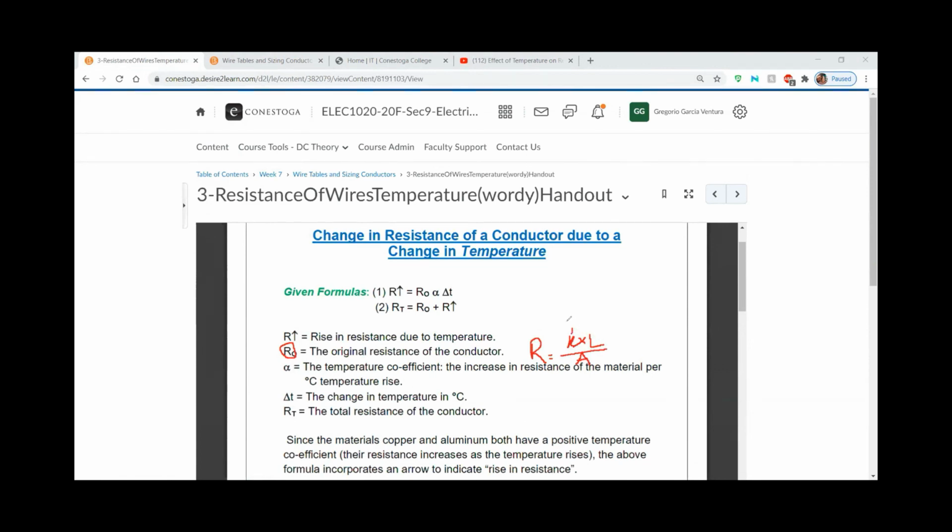Because K is going to be the type of material, either copper or aluminum for the most part, L the length of the material, and A the cross-sectional area of the material. So that will give you that R0, if you want to be more thorough, more specific. In the case of the 2 ohms that I was using, I just supposed that I have a conductor with an initial resistance of 2 ohms, and I departed from that point of view.